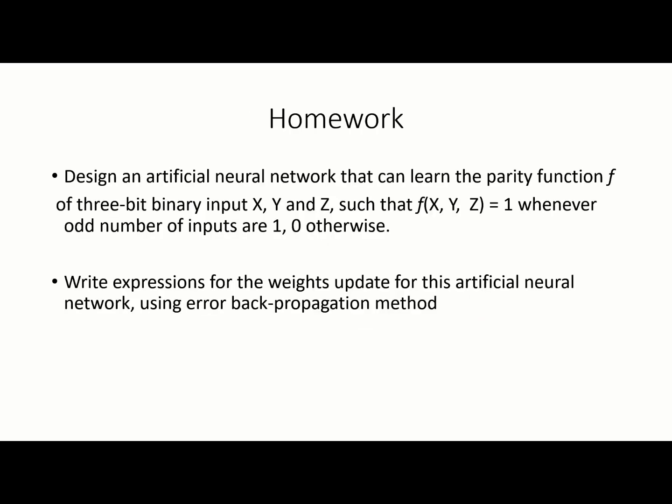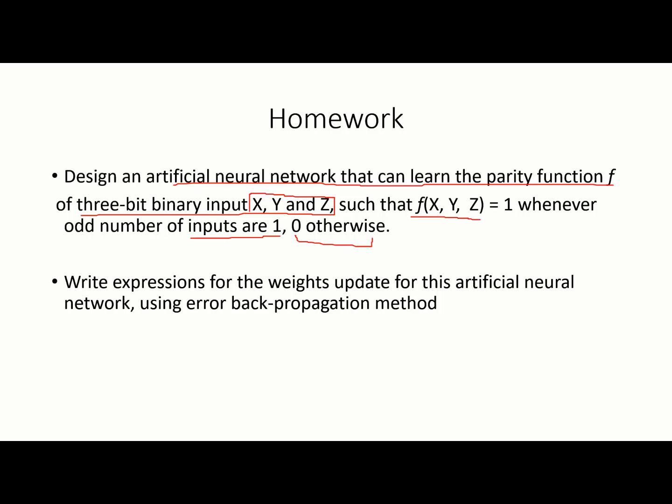As a homework exercise, you will be required to design an artificial neural network that can learn a parity function f, whose input is a 3-bit number. So you can have 3 input variables x, y, and z, such that the output is 1 when an odd number of inputs are set to 1, and the function outputs 0 when an even number of inputs are set to 1.